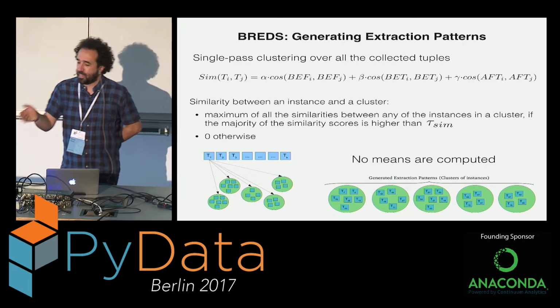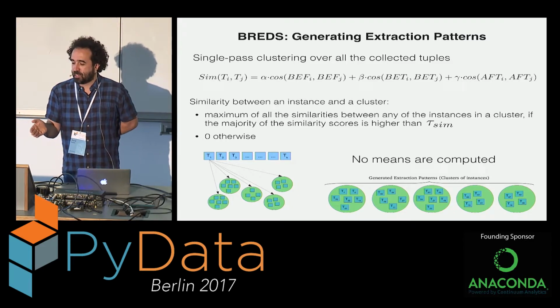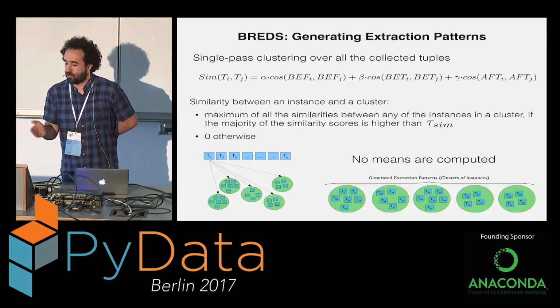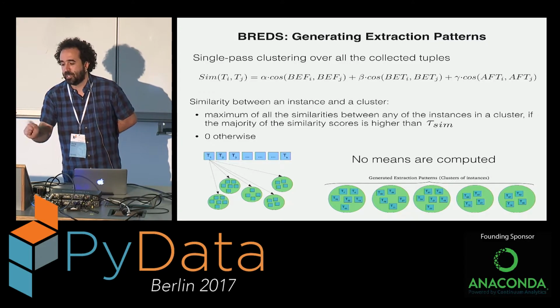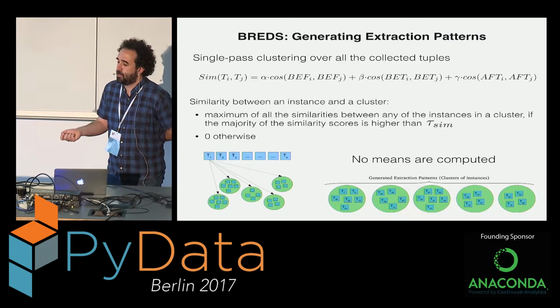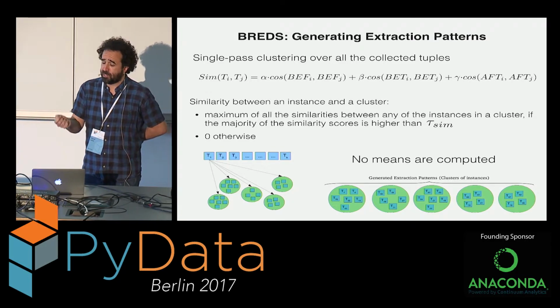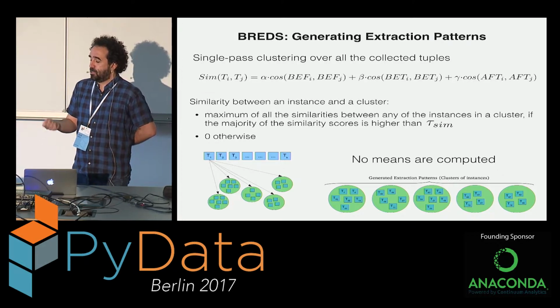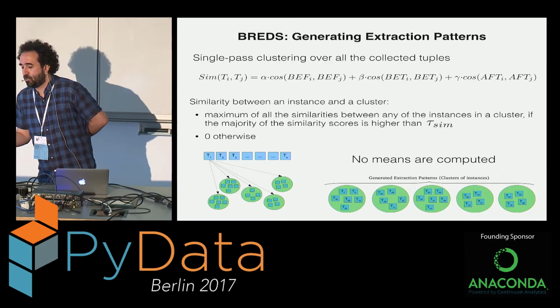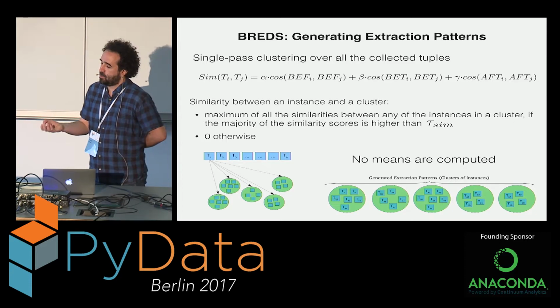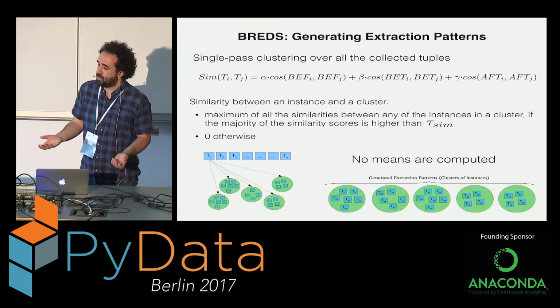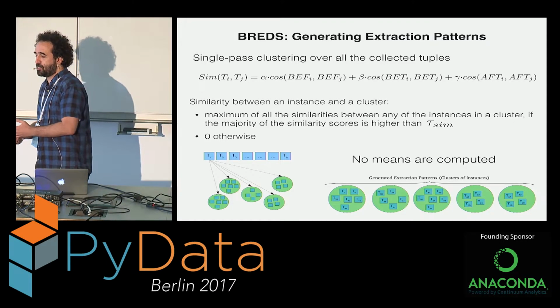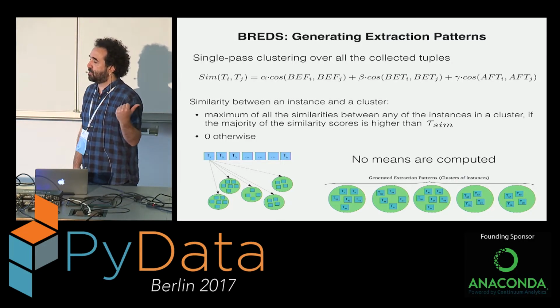So I understood that I have to keep the embeddings like they are. I cannot average them because the results are much better. So I just change the similarity function. The way that it is defined is that the similarity between an instance and the cluster, where in the cluster you have lots of instances, is the maximum of all the similarities between the instance and any of the instances in the cluster.